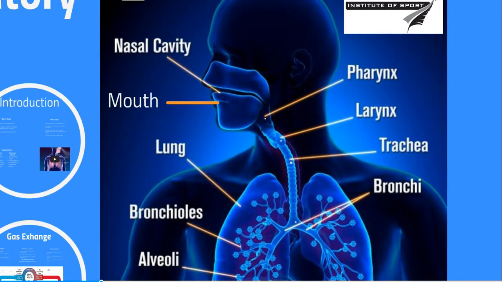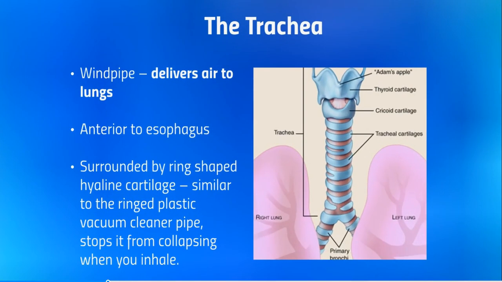From this point on, we're really talking about tubes that just deliver air in smaller and smaller doses down into the deeper parts of our lungs. It starts with the main trunk or trachea.